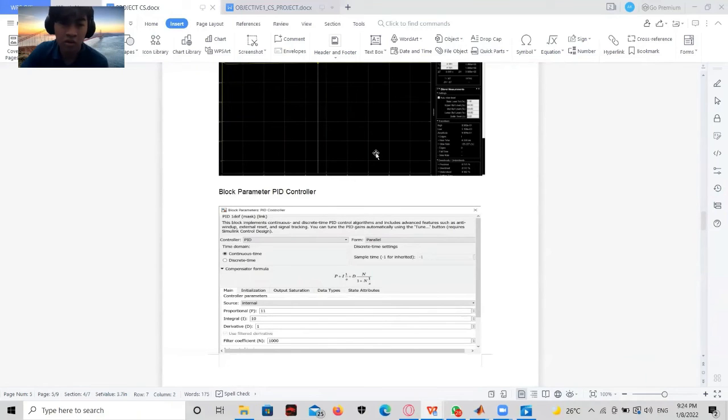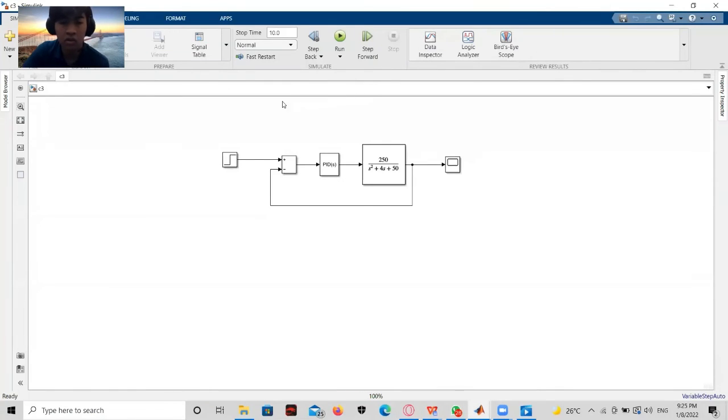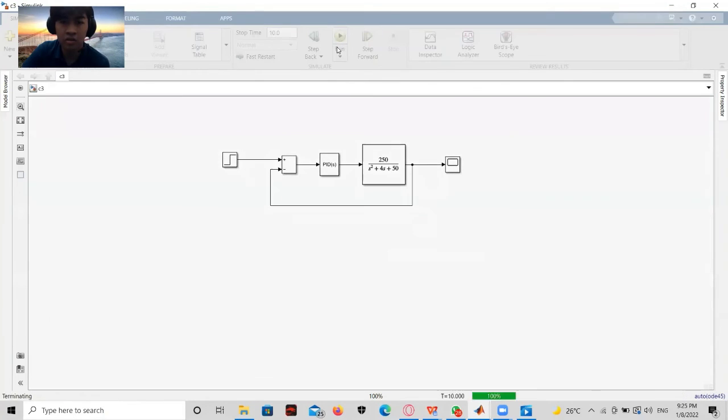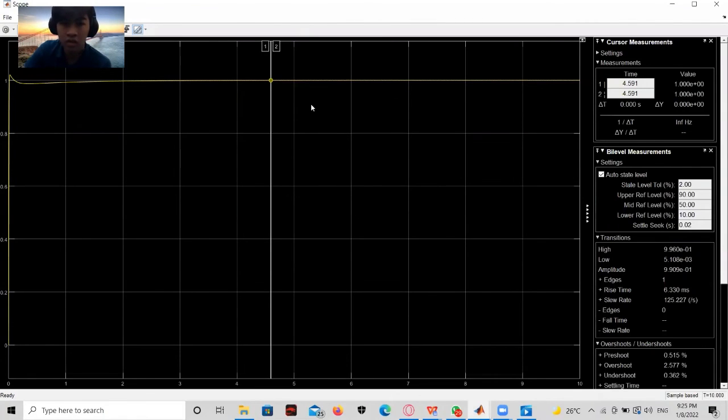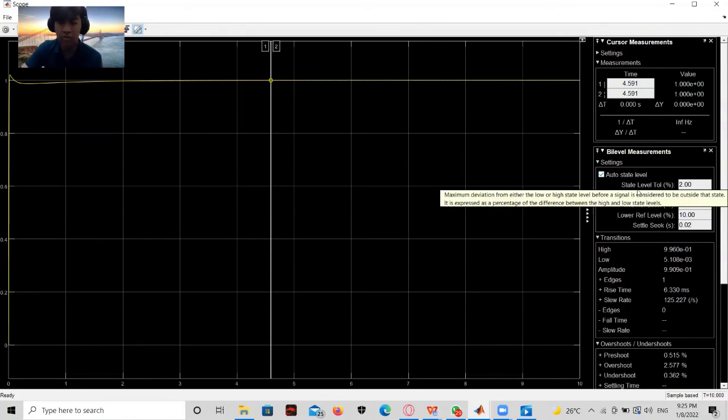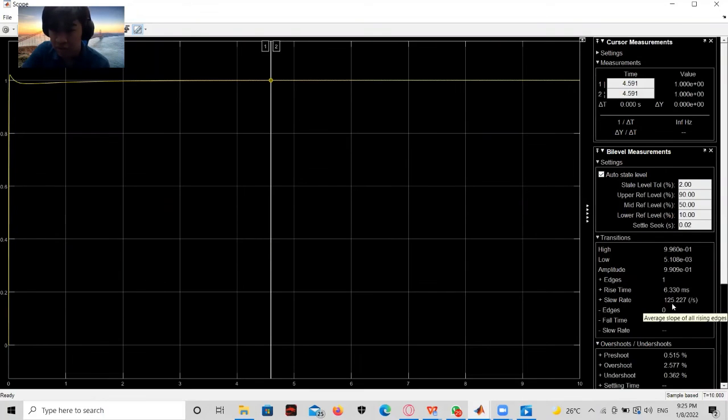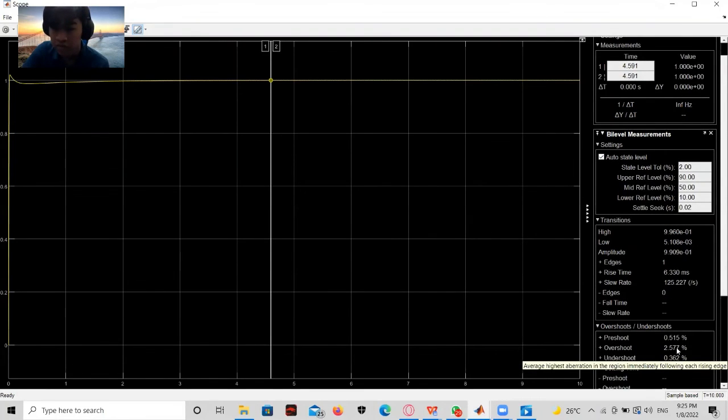I already stabilized the system by using a PID controller. So this is the result. First, we must run. And this is the result. I already achieved the requirement of overshoot that must be below 10% by getting 2.577%.